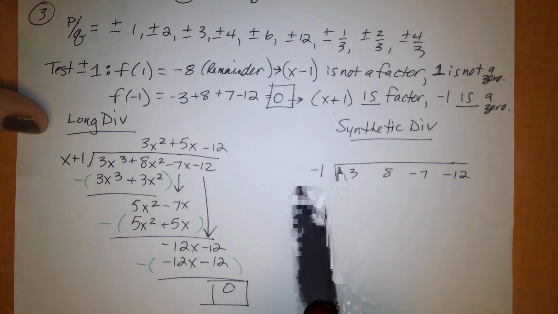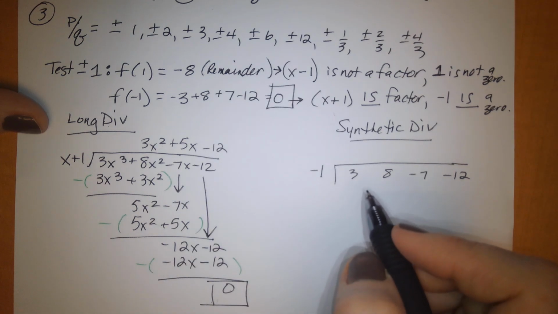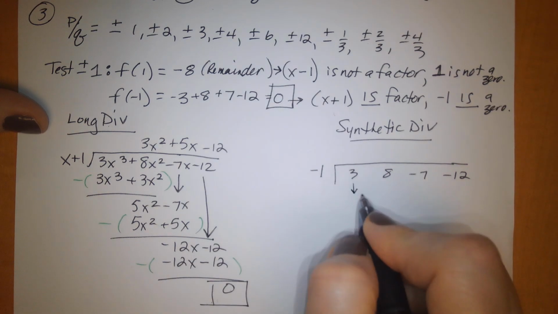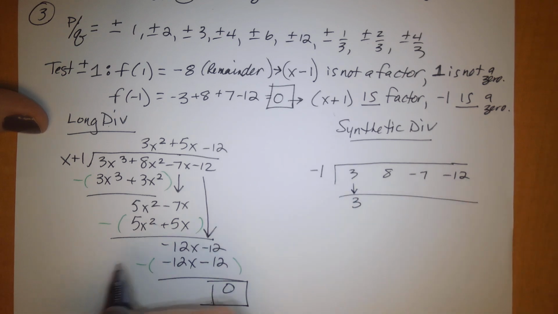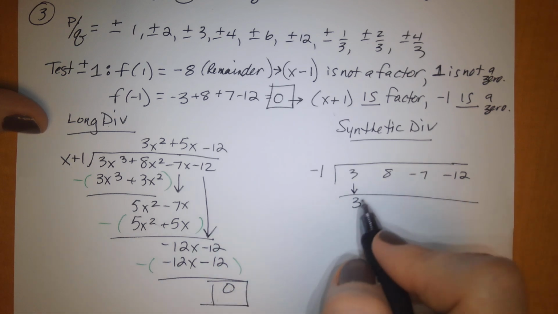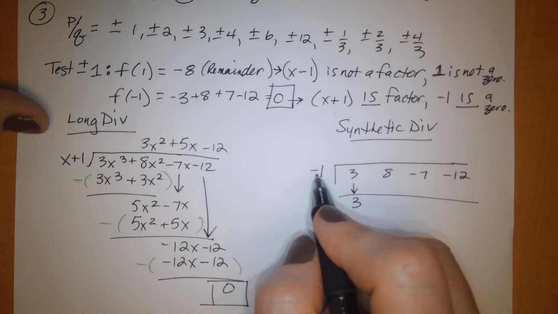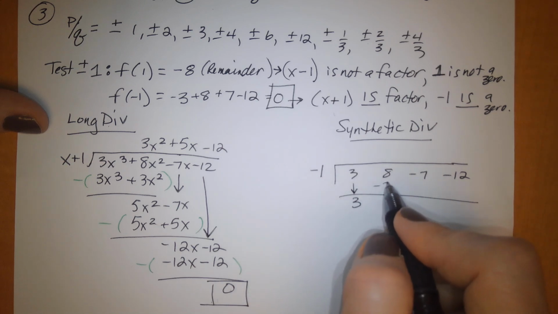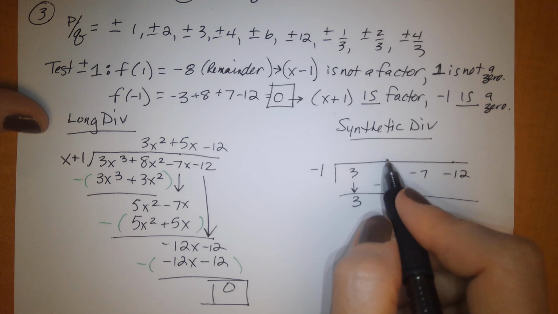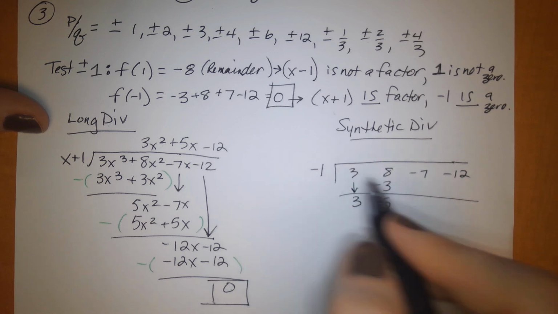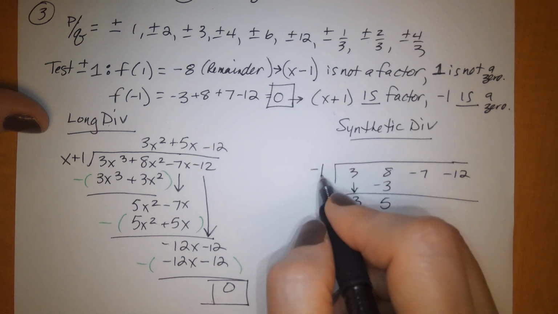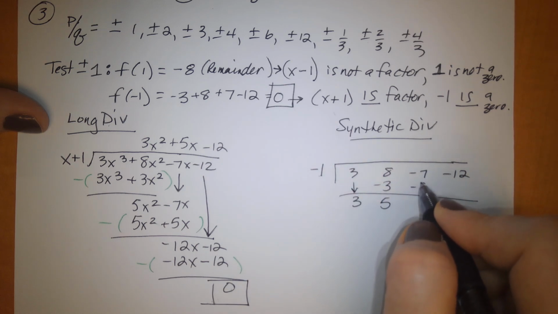And out here I put the 0. So the first thing we do is we bring down the first term. And then we multiply. 3 times -1 is -3. And then we add. 5 times -1 is -5.